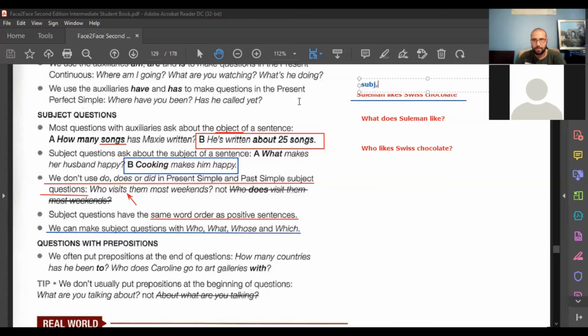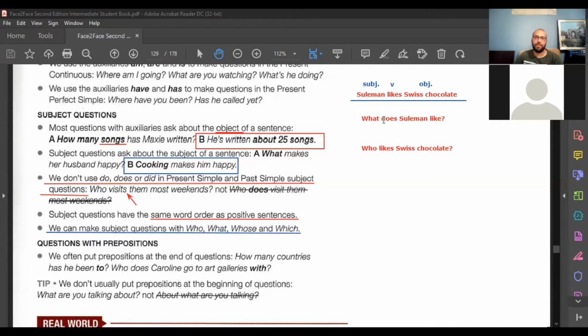Correct. Swiss chocolate is the object. That's it. So now we know the grammar of the sentence. This is a classical simple sentence in English: subject, verb, object.